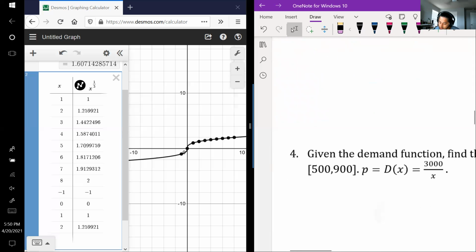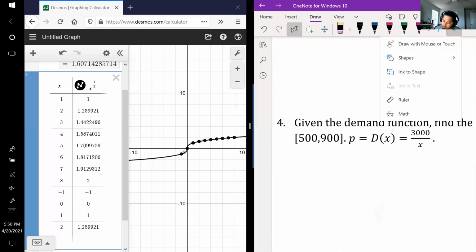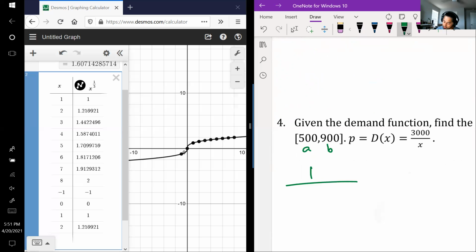Okay. So here's A, here's B, and we get 1 over 900 minus 500 times the integral from 500 to 900 of the function 3,000 over x dx.